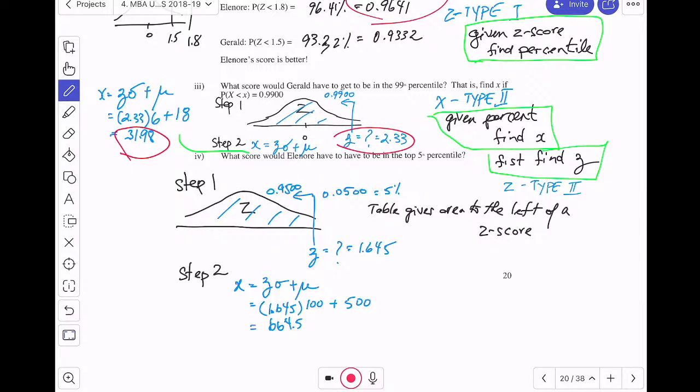So when you calculate, I get 664.5 should be your score to be in the top 5 percentile. That's my final answer.